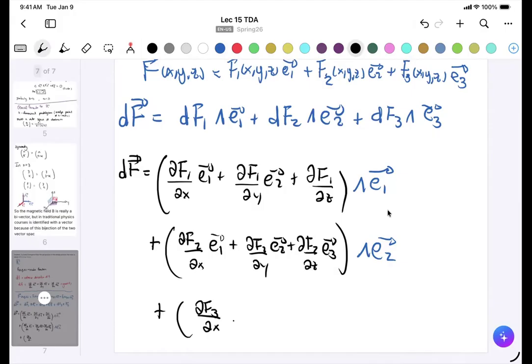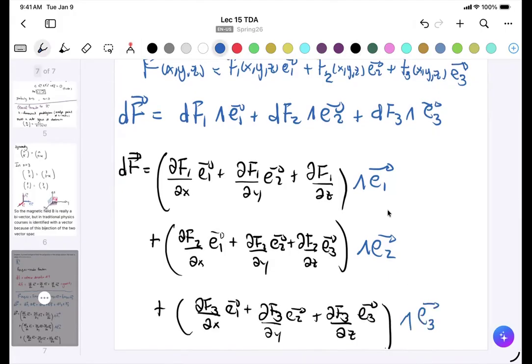So I'm just taking the gradient of each of the functions, the components of the force, that's one way to think about what I'm doing here. Sorry, I think in the first one I forgot to put an E3 here. Let me move it, because this one should have an E3. All the others are fine.